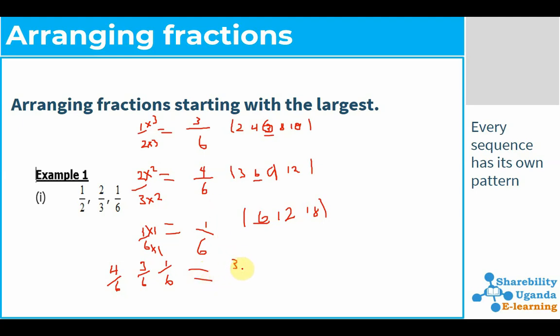Then we shall have our second as 1 out of 2. Then we shall have our last one as 1 out of 6. So this is going to be our correct answer, arranging them in that order.